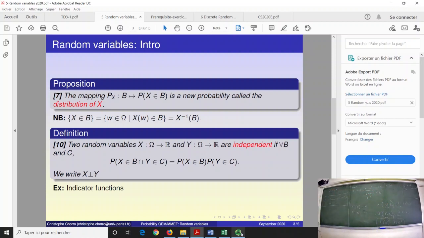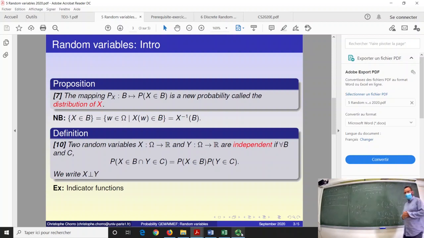So what you will have to keep in mind is that when you compute preimages of things that are classical operations on sets, you have the good formulas. Preimage of a union is equal to the union of the preimages. Preimage of the intersection is equal to the intersection of the preimages.